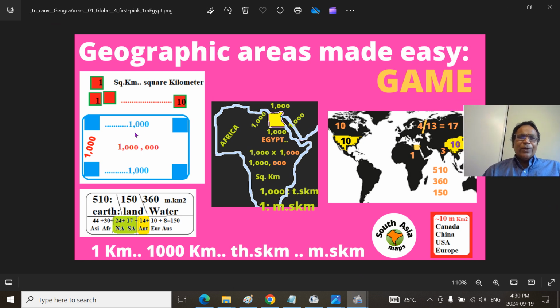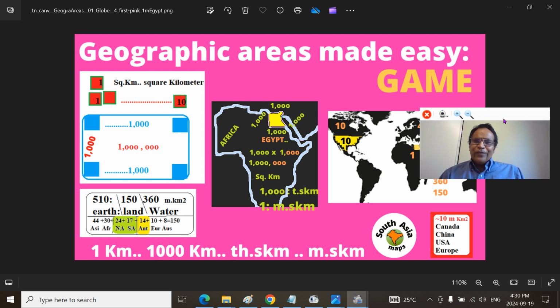1 square kilometer means you go 1 kilometer on all four sides. So 1,000 kilometers on each side means 1 million square kilometers, which is 6 zeros. Egypt is almost exactly that size, 1 million square kilometers.